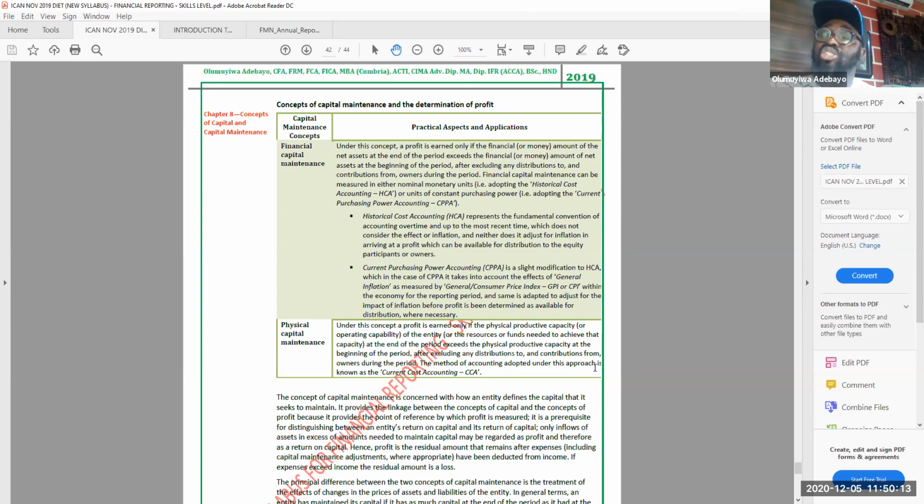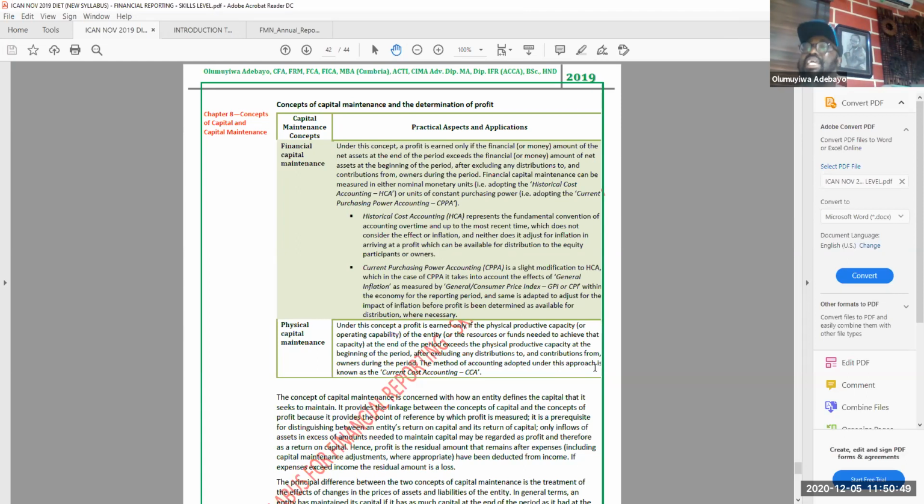But to address that shortcoming, the real concept says, adjust for the general price index, which is synonymous to what we call the consumer price index in the industry, which is the average price increases of commodities and services over a given period, usually measured on a year-on-year basis. If you adjust for general inflation in the measurement of your profitability based on the capital maintenance concept, that means you are talking about the real financial concept of capital maintenance.